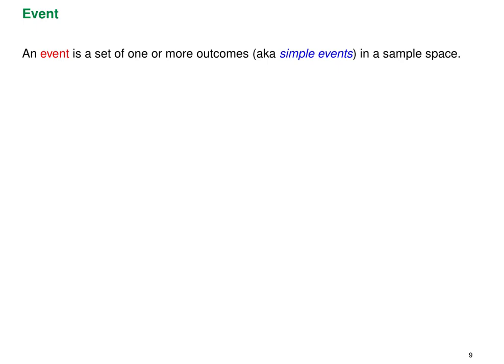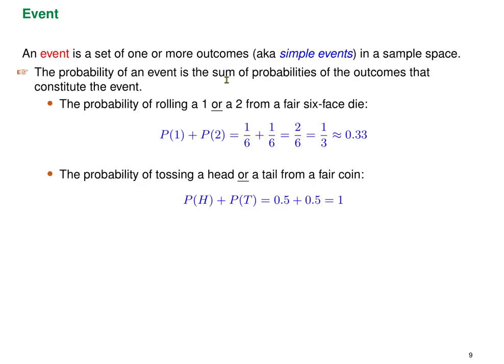In order to work with probability, let's introduce some jargon that we will need. An event is a set of one or more outcomes in a sample space. Since the outcomes by definition are mutually exclusive, the probability of an event is simply the sum of the probabilities of the outcomes that constitute the event.